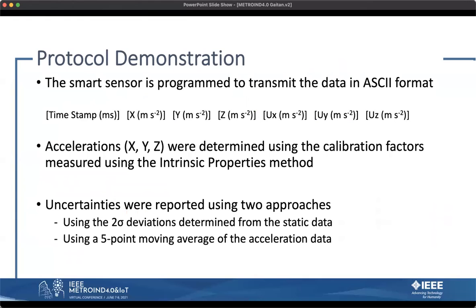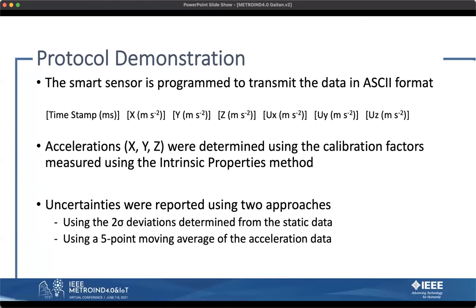Now, for the protocol demonstration, we're taking the smart sensor, which we've programmed to transmit the data in an ASCII format, in the columns that I show here. The first is a timestamp in milliseconds coming from the sensor. Then we have 3 numbers in meters per second squared for each of the X, Y, and Z accelerometers.